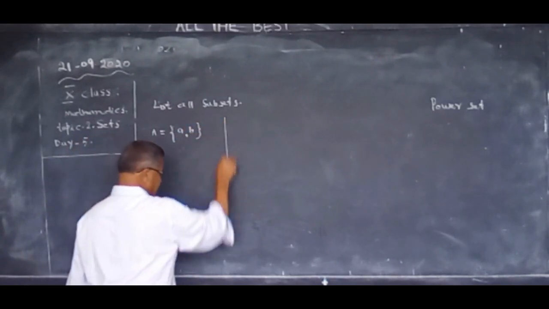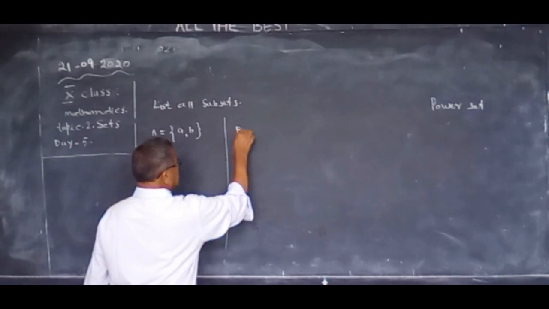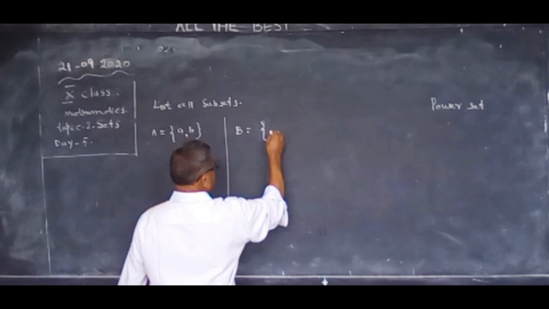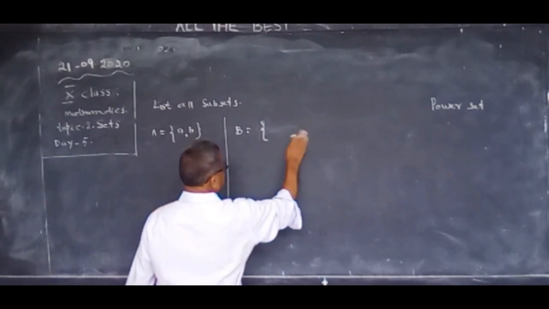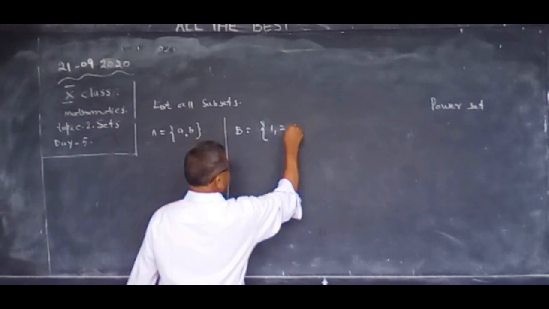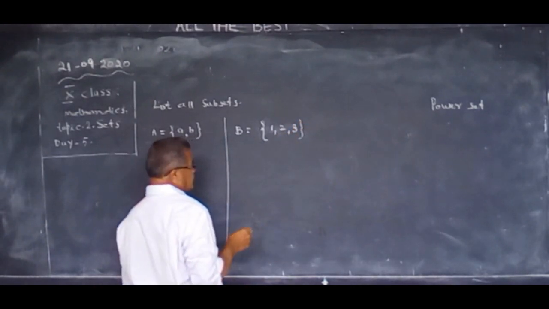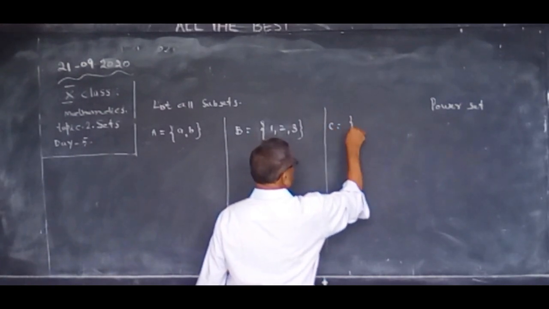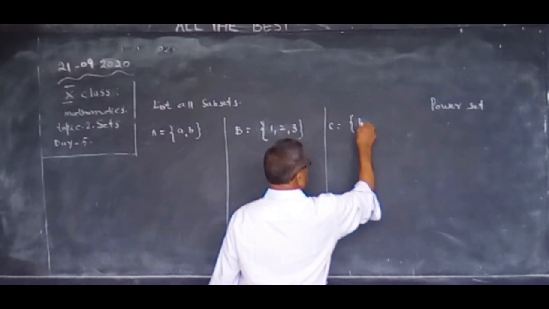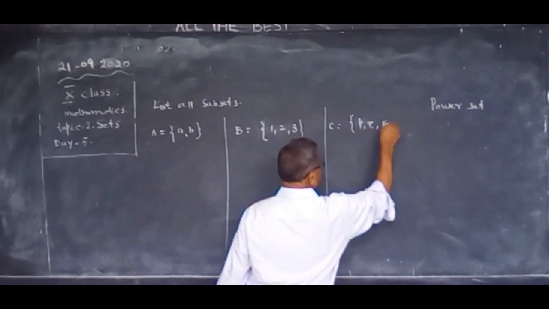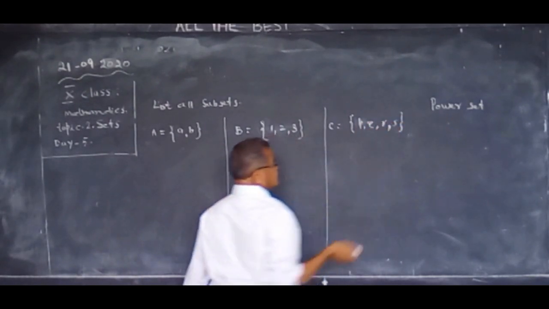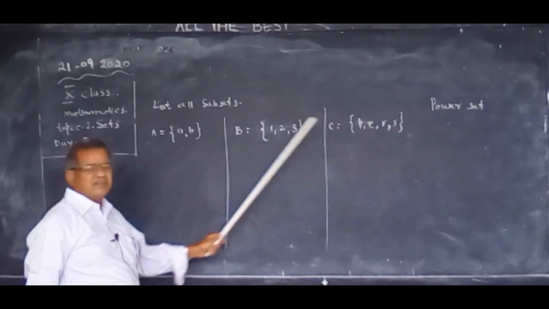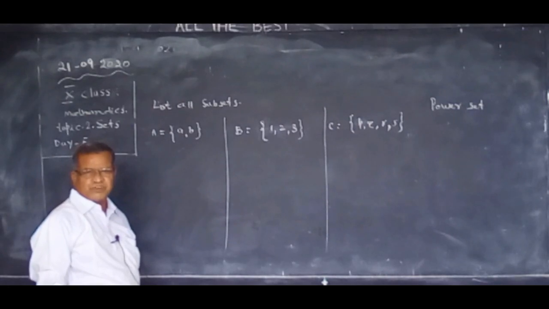Set B, I will take 3 elements, A, B, C. Otherwise take 1, 2, 3. Set C, 4 elements, P, Q, R, S. We can take 1, 2, 3, 4 also. We can change the elements for practice.